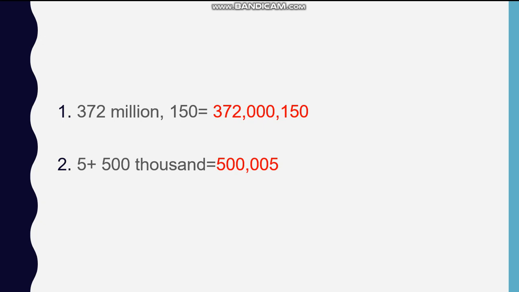Just remember, I am writing this in the International System of Numeration, so after each 3 digits you have to put a comma. Now 5 plus 500,000. First of all write down 500,000, 500 and 3 zeros, plus 5, and then add, you will get 500,005.